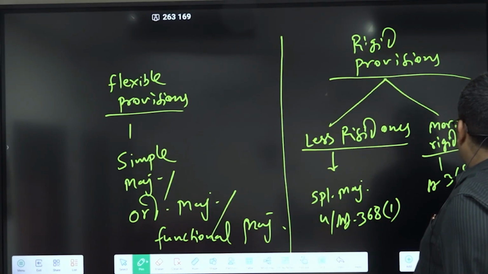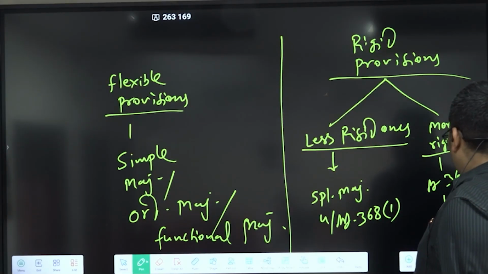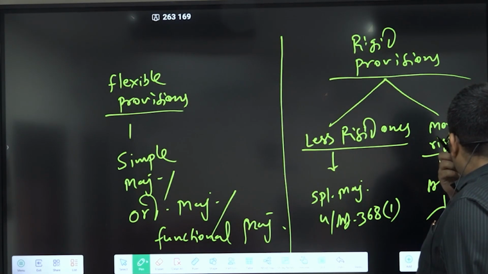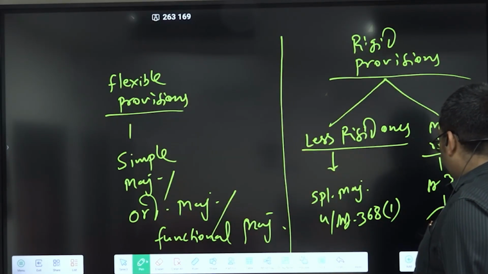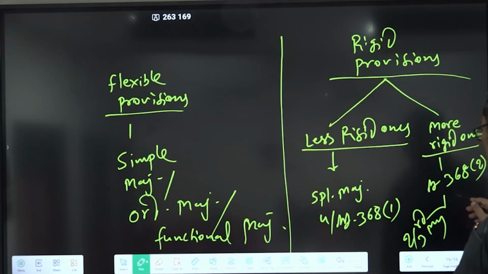Article 368 clause 2 is followed, and here first of all the constitutional amendment bill will be passed in the parliament with two-third majority given under Article 368.